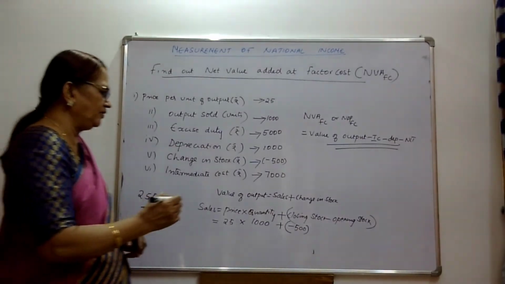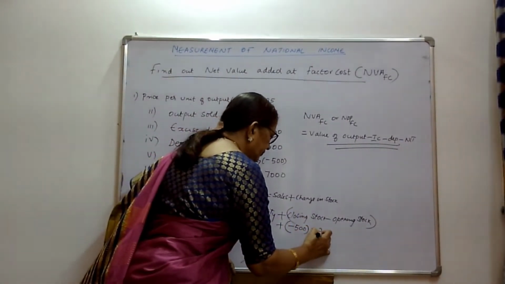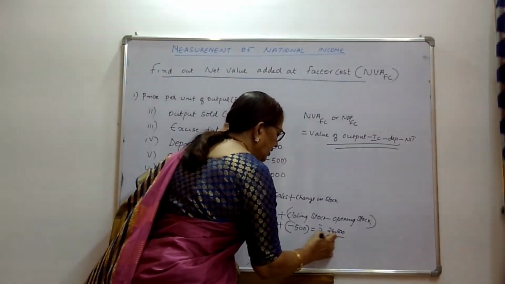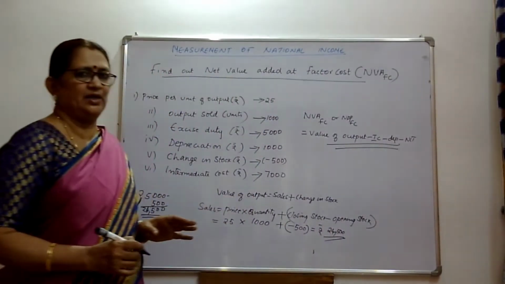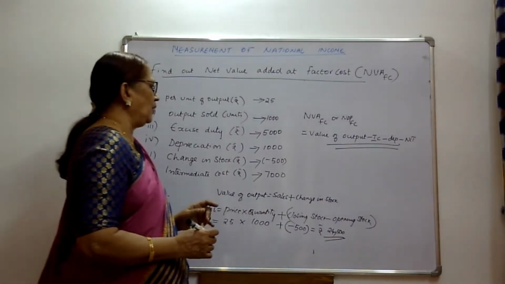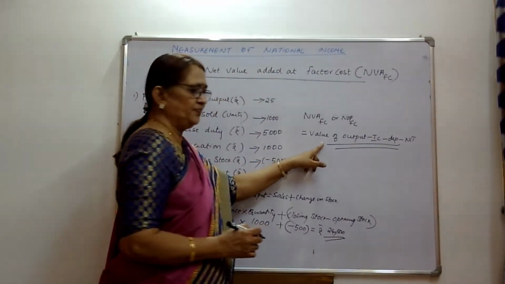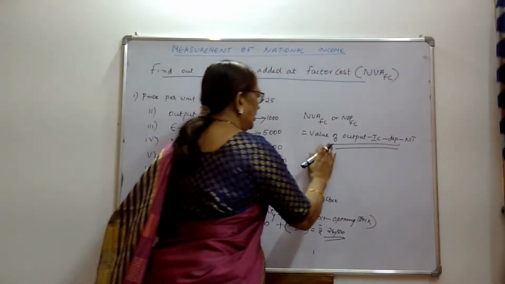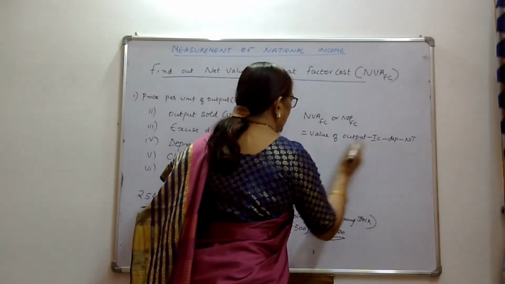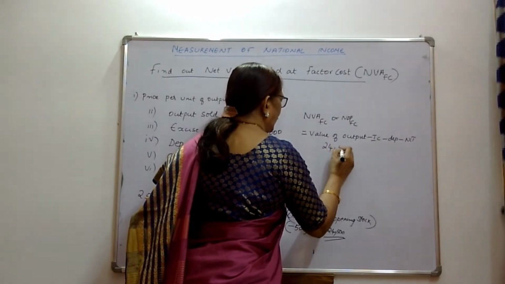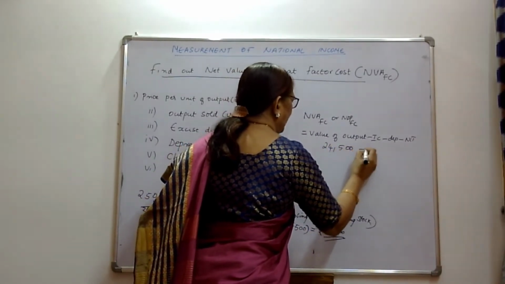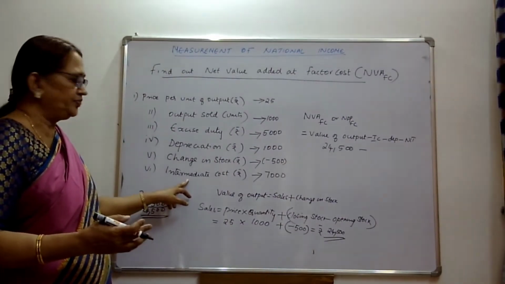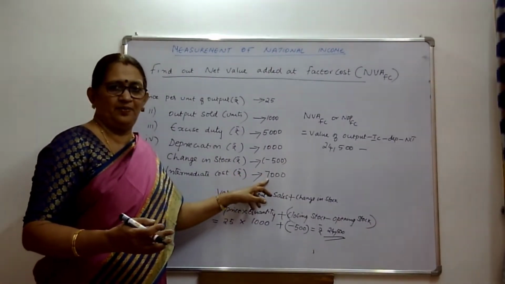That is the value of the output. Now, what is the next step? Net value added at factor cost. We got the value of output, that is 24,500, minus intermediate consumption. It is given directly, that is 7,000 rupees.